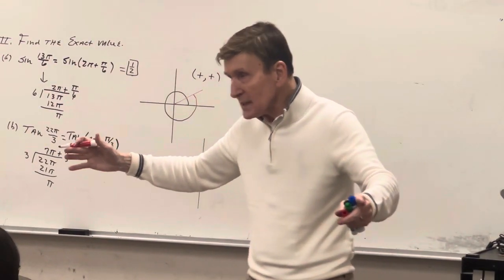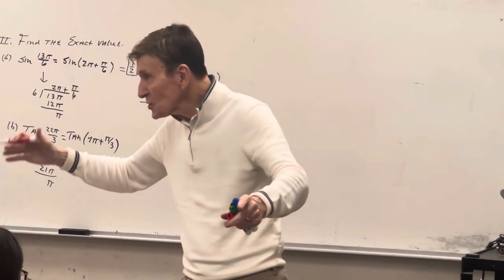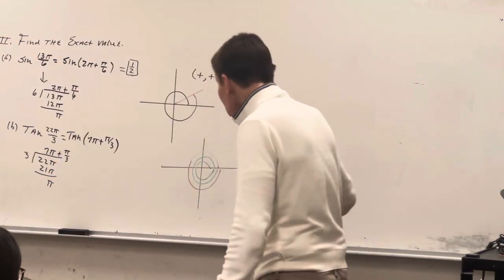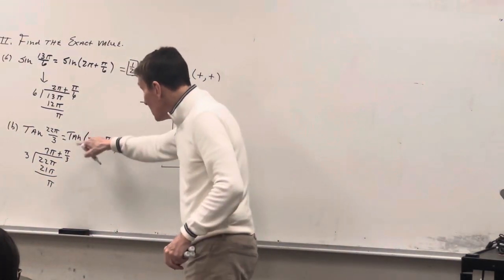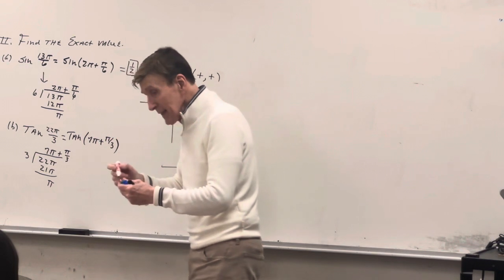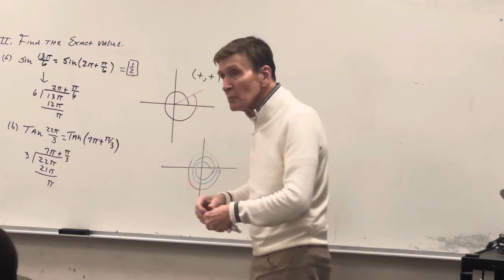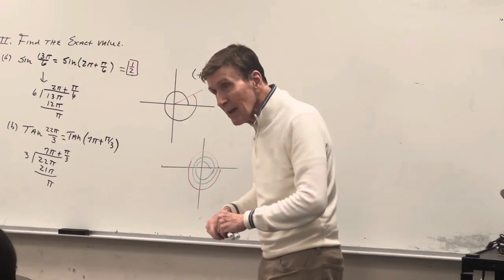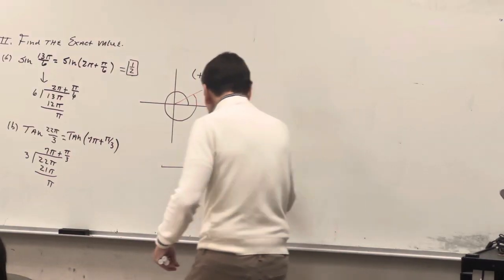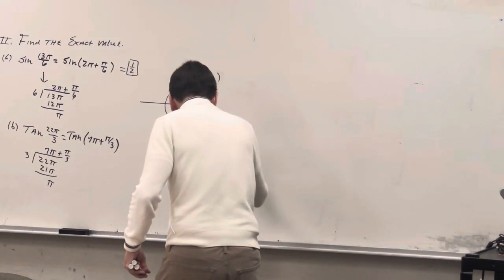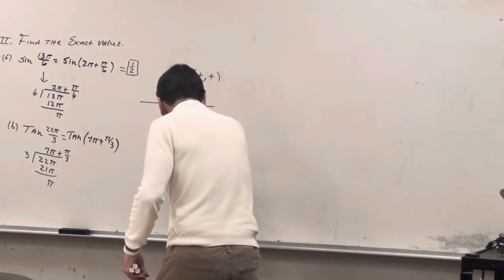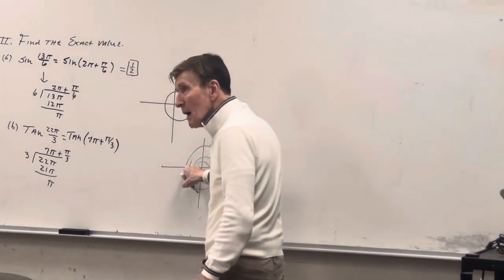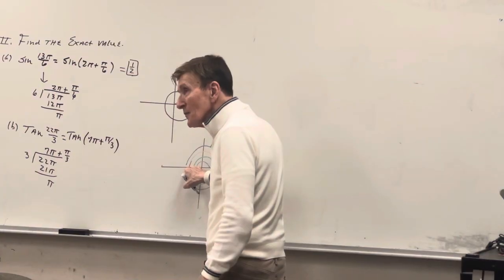At this point, is that 6 pi? 2 pi, 2 pi, 2 pi. I need 7 pi. That means I need to show how much more of a movement. A complete revolution or just half of a revolution? Half of one, so my angle is going to terminate, stop, right there for 7 pi.